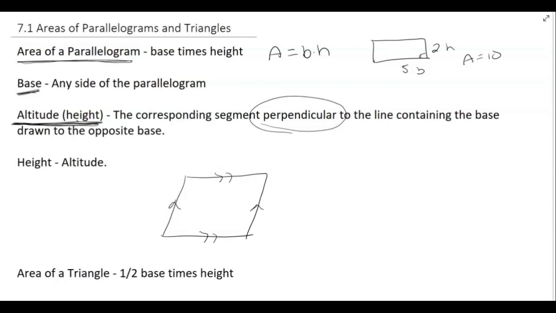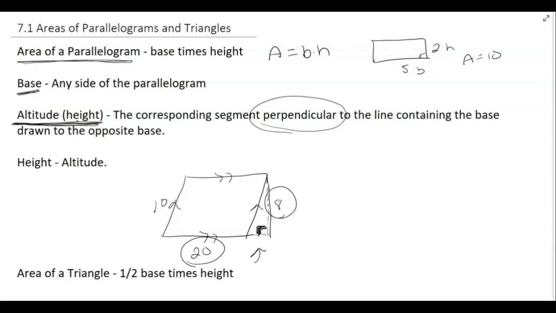So in this picture that I've just drawn, if this is 10 and this is 20, in order for me to calculate the altitude, I need a perpendicular. We'll call that 8. All right, so in order for me to identify the 2 pieces of information that I need to find the area, I need to find the 2 pieces that correspond to this perpendicular angle, namely the 8 and the 20, right?